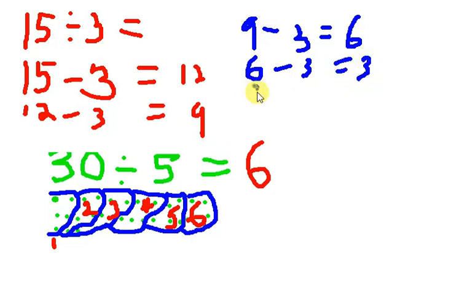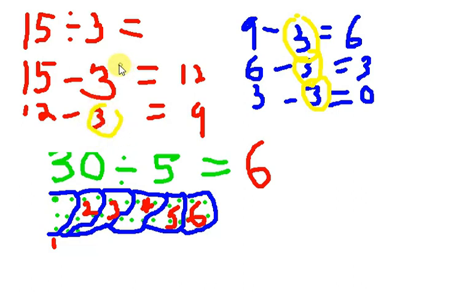Then 3 comes into the operation, so 3 minus 3, and we have the answer being 0. Whenever we have 0 as the answer, we then count the number of 3's that we have recorded so far. Note, this is the first 3. 1, 2, 3, 4, 5, which means our answer for 15 divided by 3 is 5.